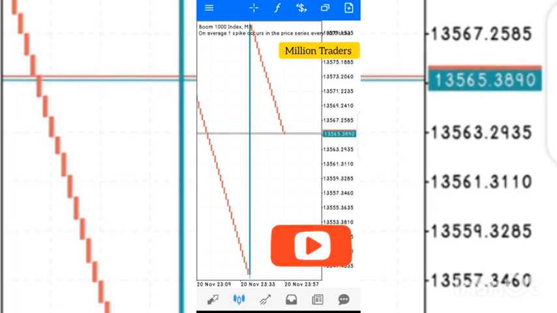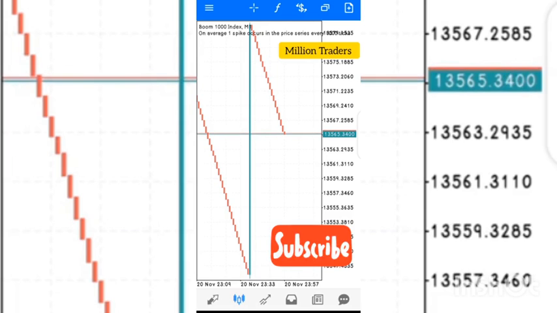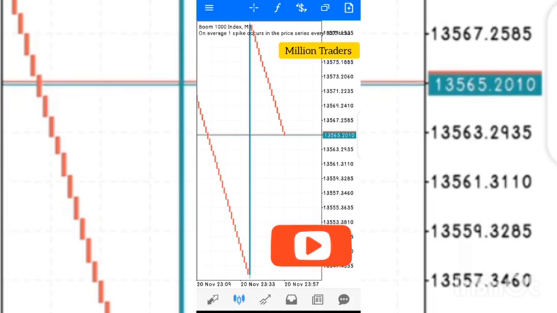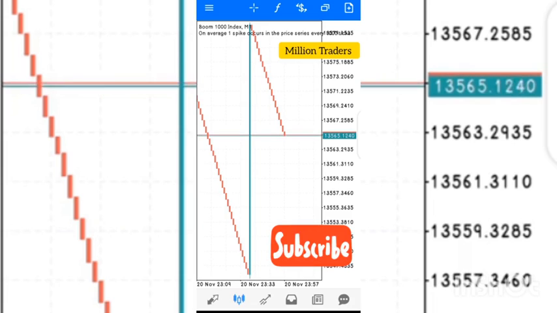While the bid price is the price buyers are willing to buy at. You understand? Like I said earlier, the ask price is the price the sellers are willing to sell, while the bid price is the price at which buyers are willing to buy. Okay, those are some of the things I want to be talking about.